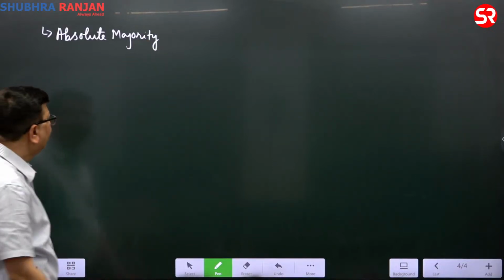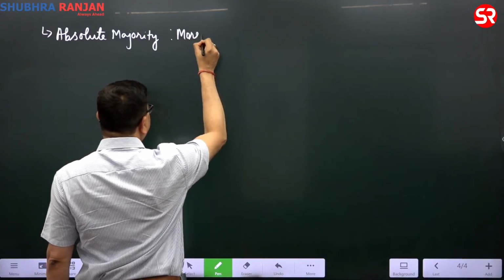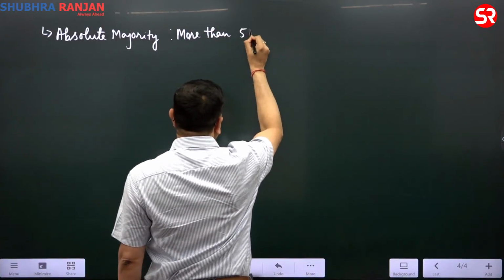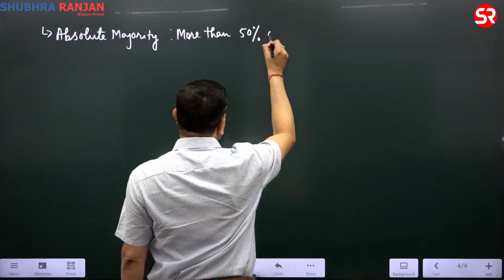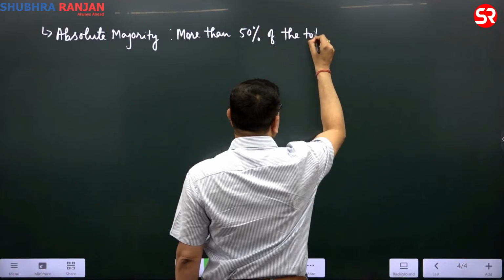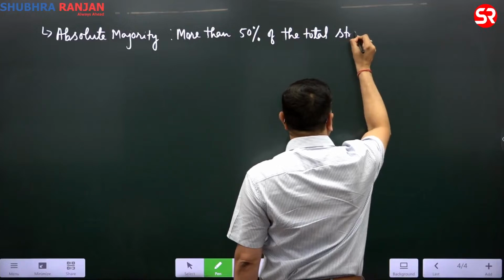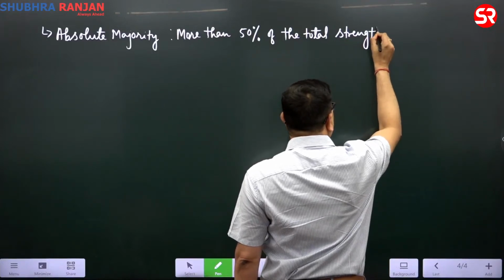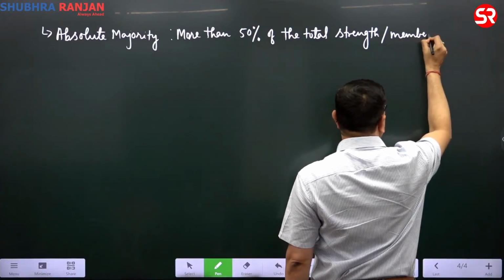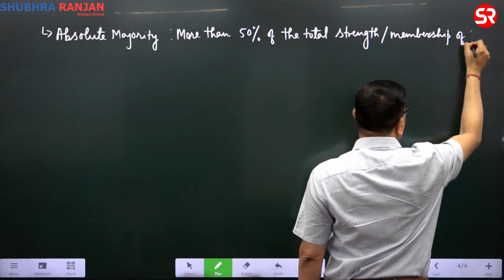Absolute majority is more than 50% of the total strength or membership of the House.